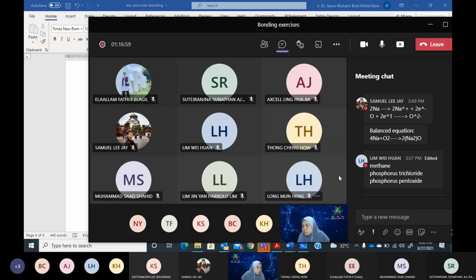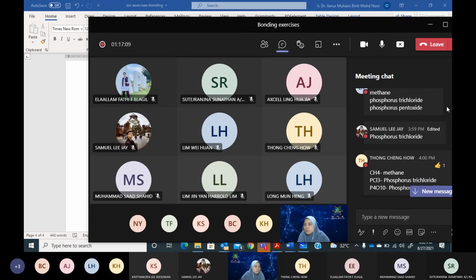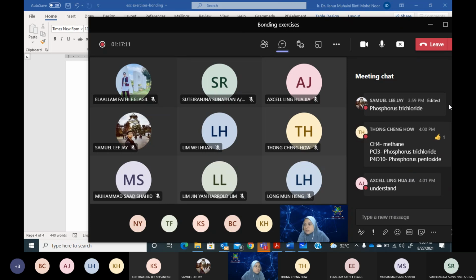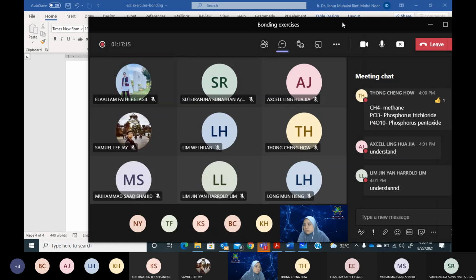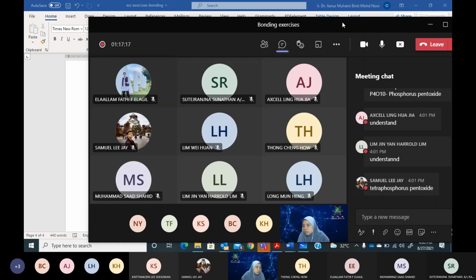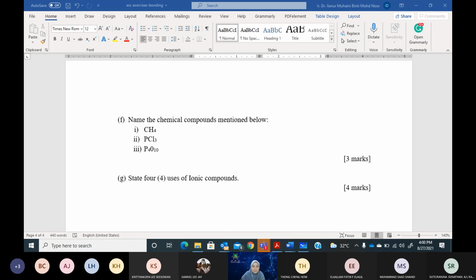Excel, Long Man Heng, Lim Jin Yan, all this never heard, never actively involved in class. Okay, Excel understands. Lim Jin Yan understands also. Long Man Heng understands.